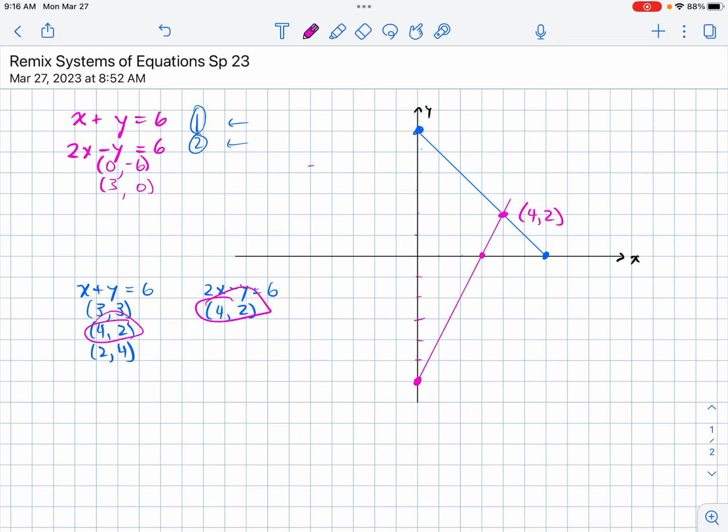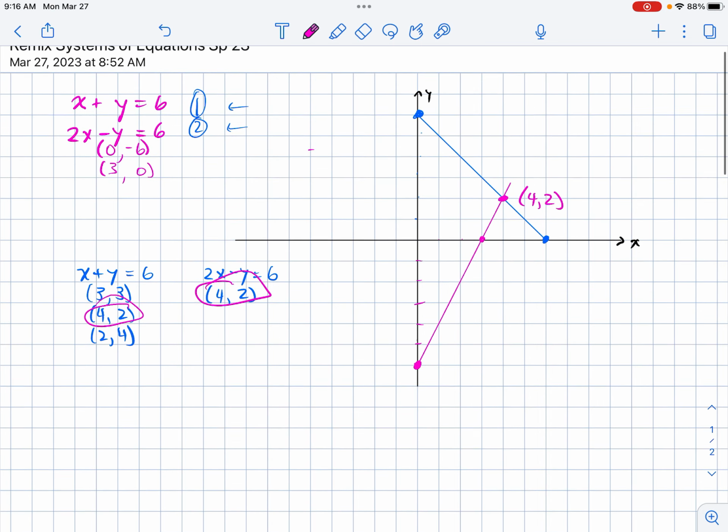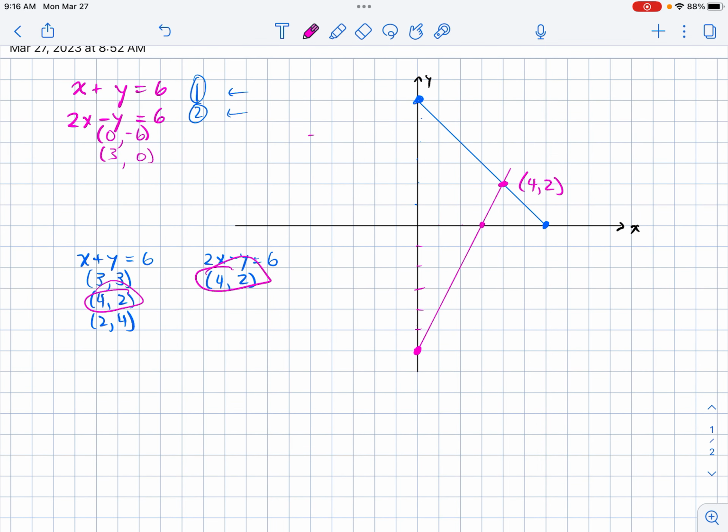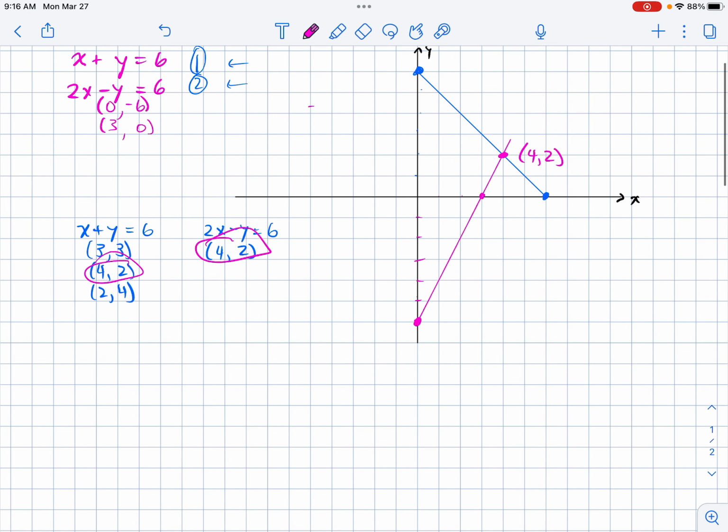Now, what we generally do when we're first introduced to systems of equations is we learn a couple of methods. First, we learn the substitution method. So I'm going to do that first. So I've got 2 equations here.